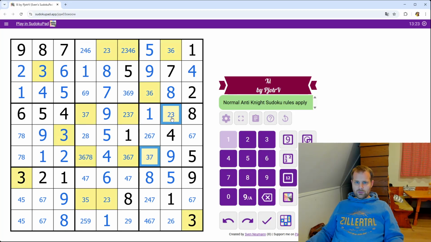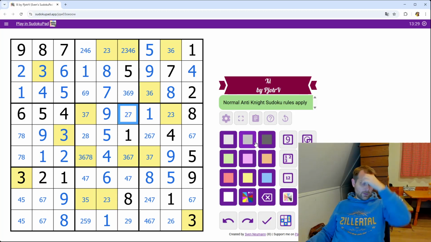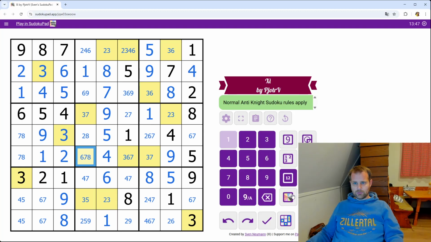And I will come back to that later, or I can do it now. So these ones both look at this one, so this can't be a 3. Anything else? Not that I see right now. Oh yes, these 3's look both at this one, so this also can't be a 3.